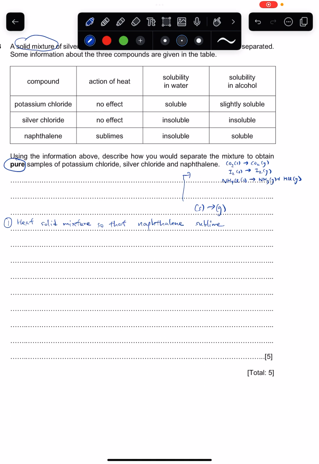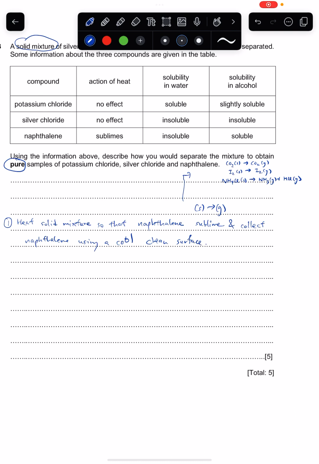Sublime means it becomes gas, but you are not getting the sample yet. And collect naphthalene. How? You will use a cool, clean surface.